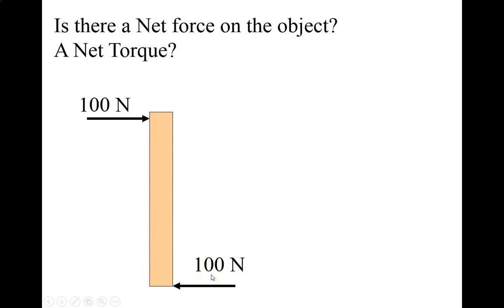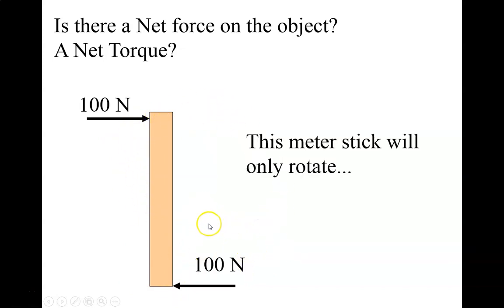If you picture this as a piece of cardstock or a notebook card, and you put a pin right in the middle, which way is this force going to cause it to rotate? Well, it's going to cause it to rotate like this, which is in the clockwise direction. So this was 100 newton meters clockwise, and this was 100 newton meters clockwise. So my net torque is 200 newton meters clockwise, so it's going to rotate.